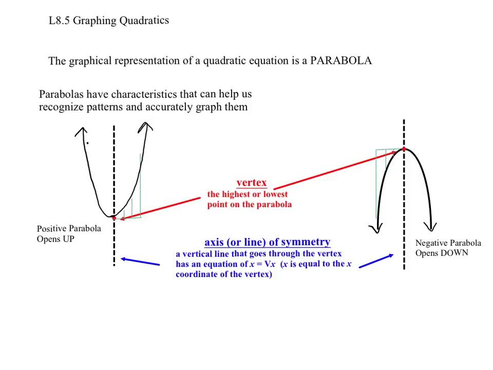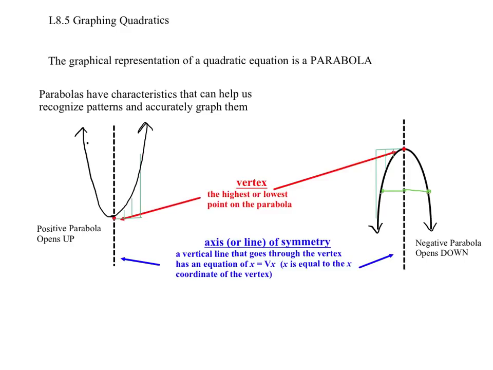We also have the axis of symmetry, or the line of symmetry. That's the line that sort of divides our parabola perfectly in half, and we can see that one side mirrors the other side. It also shows that the points on the parabola are equidistant from the axis of symmetry.